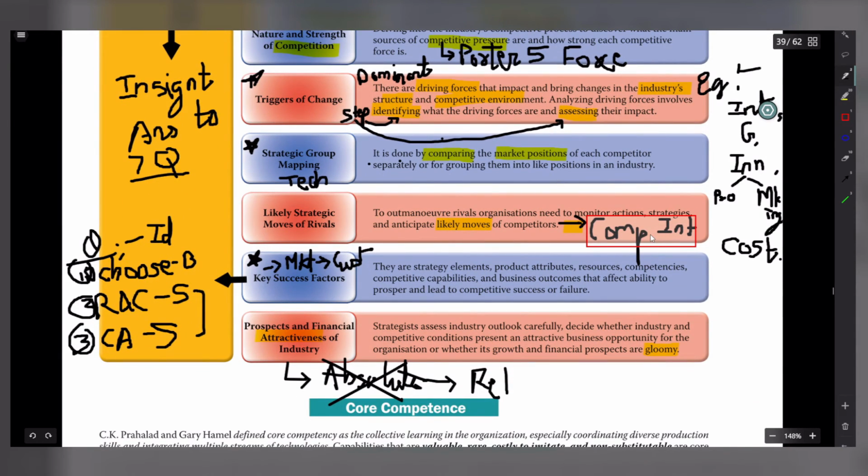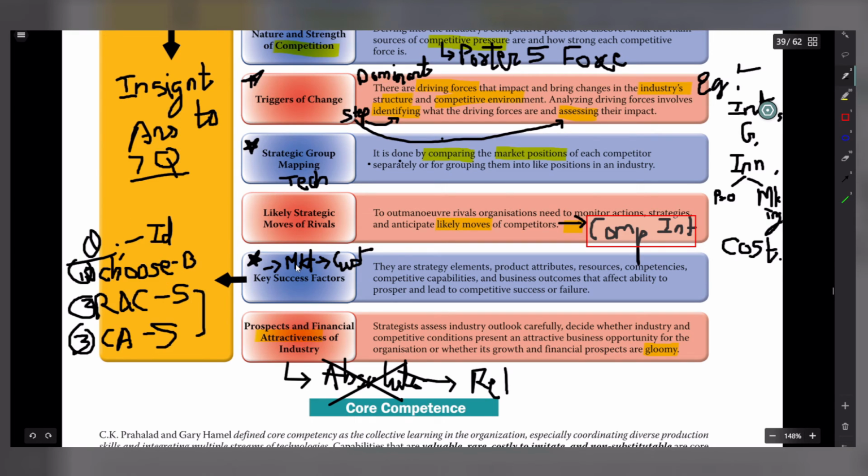Basically, competitive intelligence tells us the key success factors. The three questions we need to ask for identifying such KSFs are: how buyers choose, what are the buyers' preferences, what attributes they look into in a product; then on the seller's side, what are the resources and capabilities, and whether such capabilities give us competitive advantage.